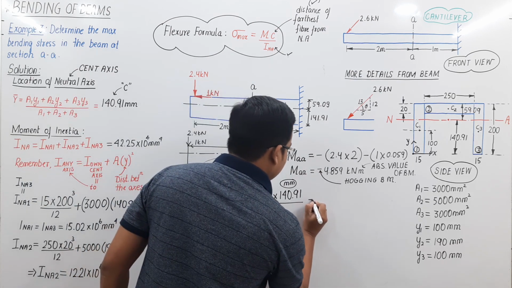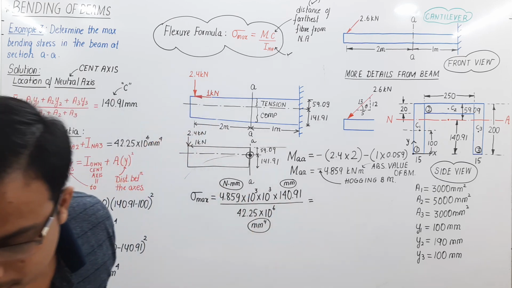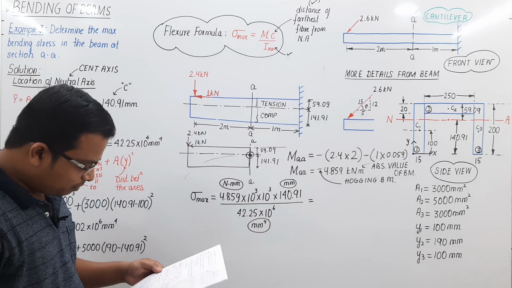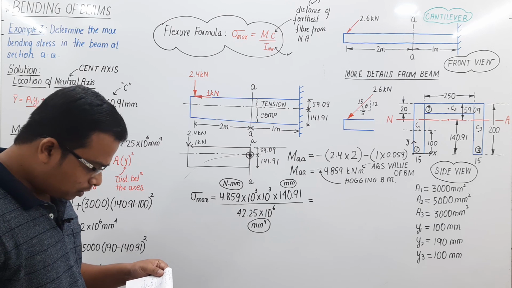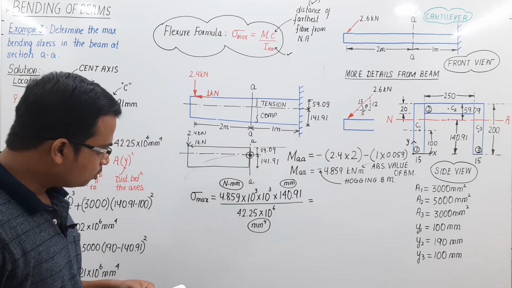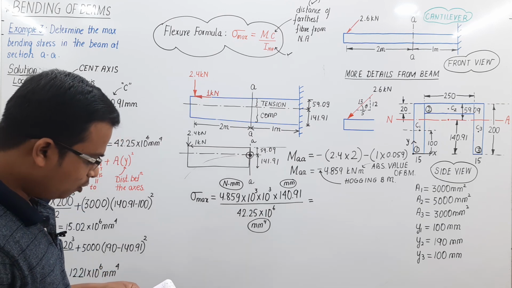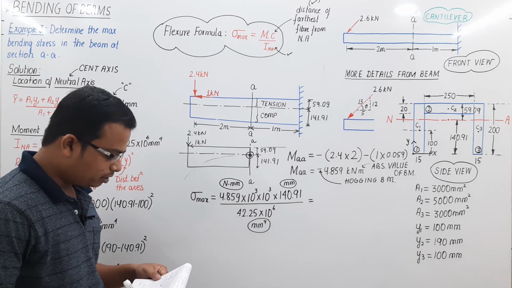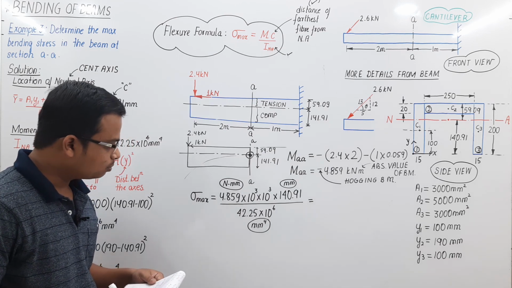And what is this value? First of all, let me just make a quick check. 4.859 into 10 raised to 6, 140.91, divided by 42.25 into 10 raised to 6. That's also millimeters power 4.